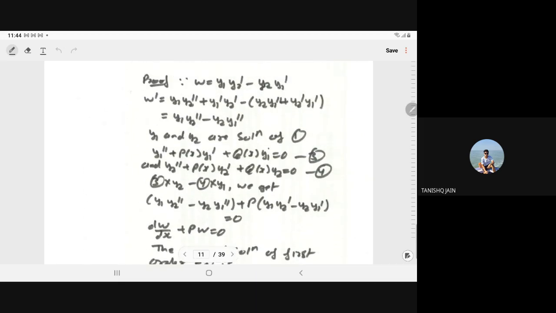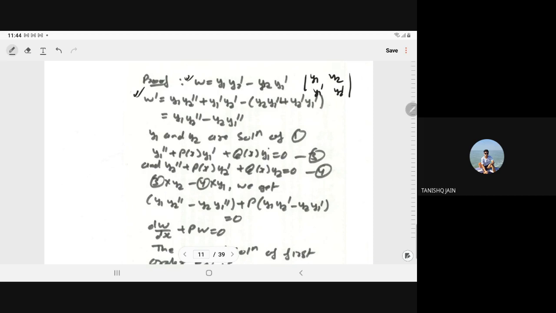W is equal to what? W is equal to the determinant of y1, y2, y1 dash, y2 dash. So W is equal to y1 into y2 dash minus y2 into y1 dash. From W you can compute W dash.